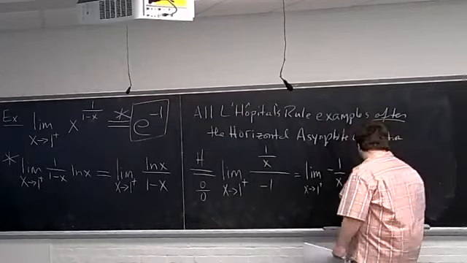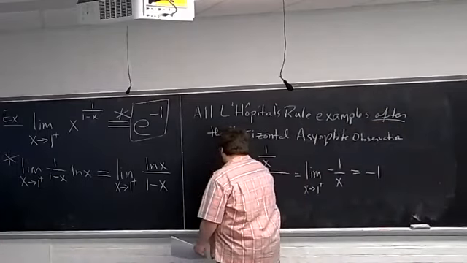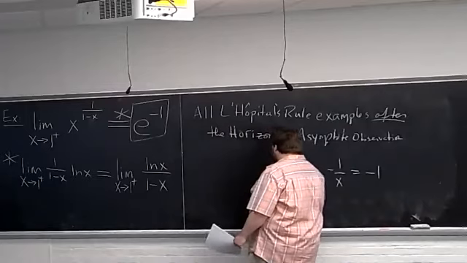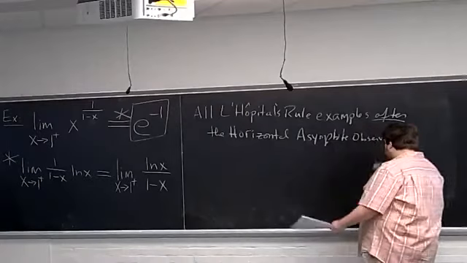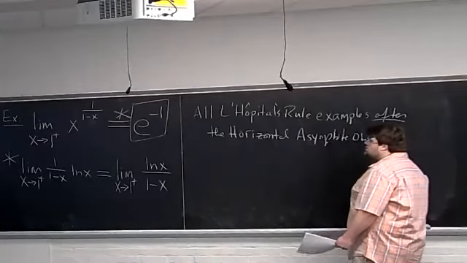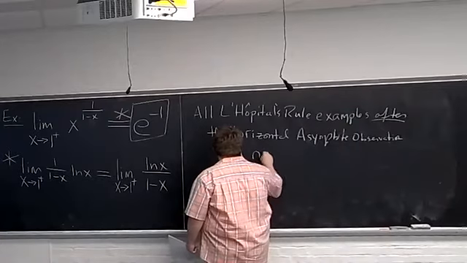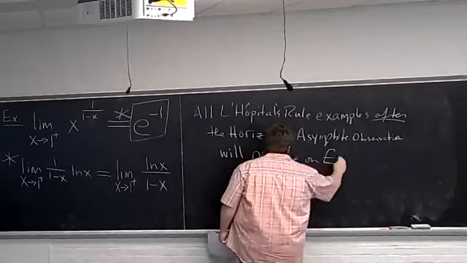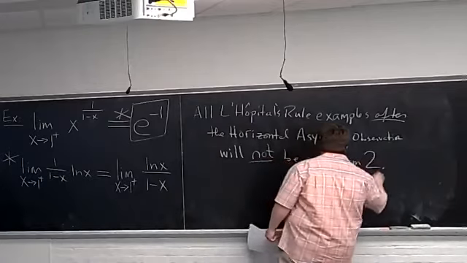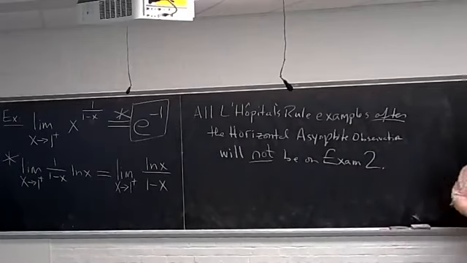So after does not mean after and including, it just means after that observation, meaning once we started doing the 0 times infinities, and then these with logarithms. But all the examples after that will not be on exam 2, and you can reasonably expect from that that they will be the final.